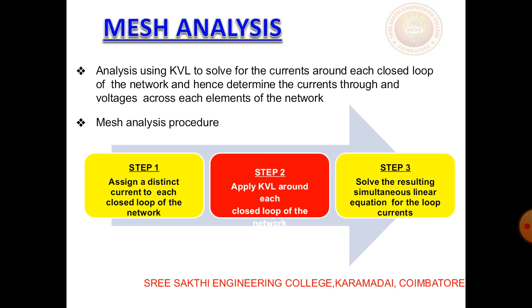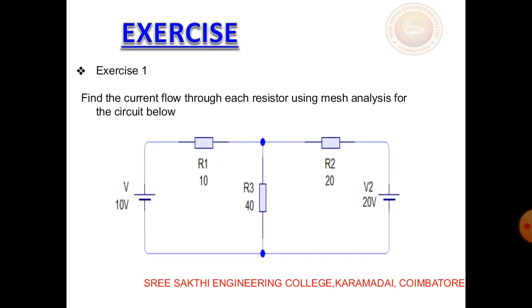Now mesh analysis. What is the procedure for mesh analysis? First we have to assign a different current for each loop. If the problem is given, you have to allocate the current directions, then apply KVL around each loop, and step 3 is to solve the resultant equations.